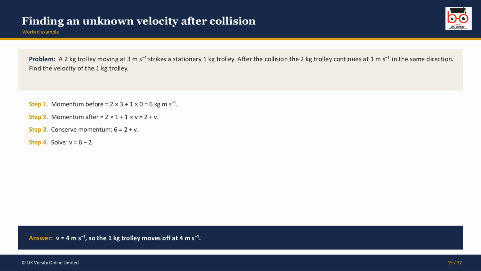The momentum before is 2 times 3 plus 1 times 0, which is 6 kilogram meters per second. The momentum after is 2 times 1 plus 1 times v, that's 2 plus v. Conserving momentum, 6 equals 2 plus v, so v is 6 minus 2, which is 4. The 1-kilogram trolley moves off at 4 meters per second.